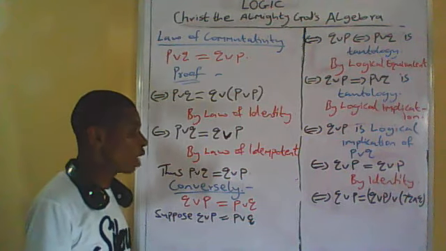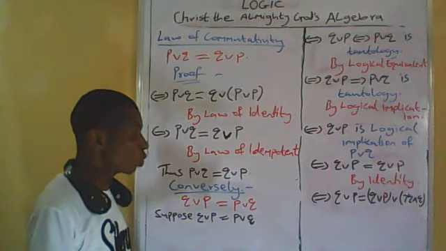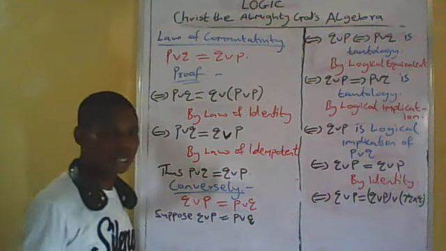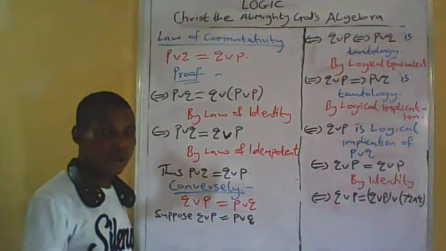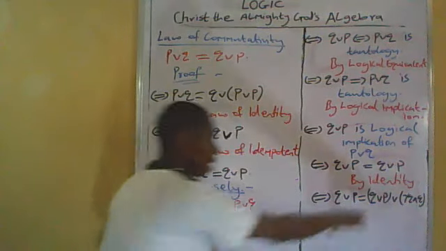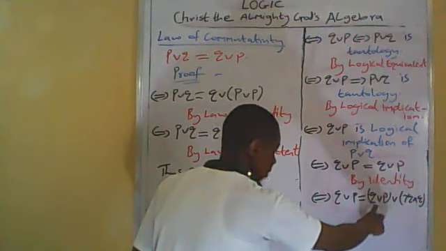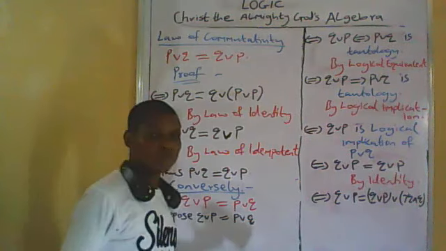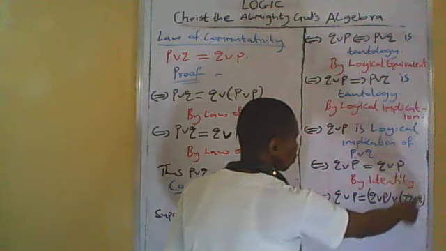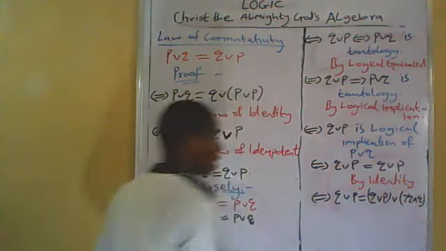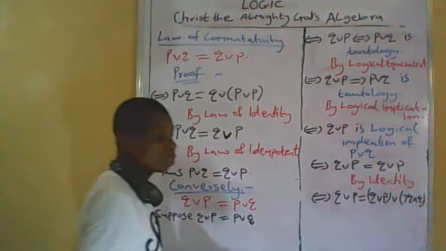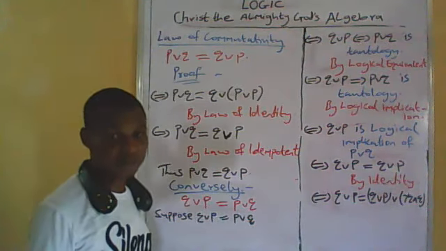There is no way we can obtain truth in this evaluation of not Q and Q, always falsity. And when it is ORed with this term, it becomes the same thing as this term, that is Q or P. Because not Q and Q is equal to F, and F or Q or P is equal to Q or P, being justified by law of identity.